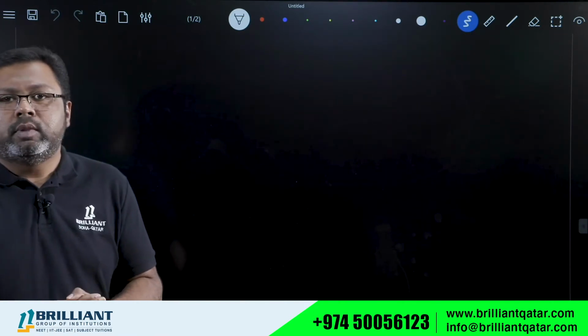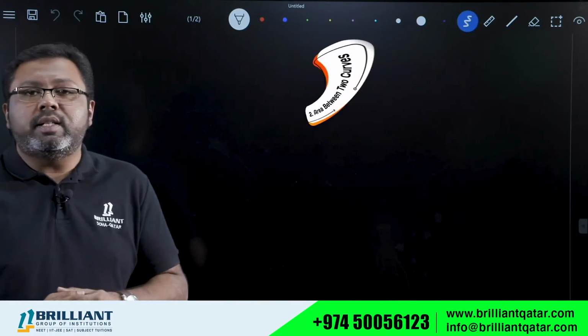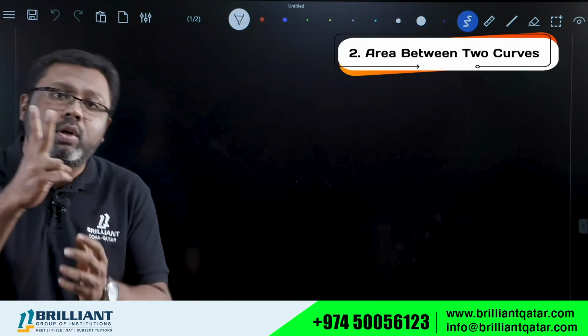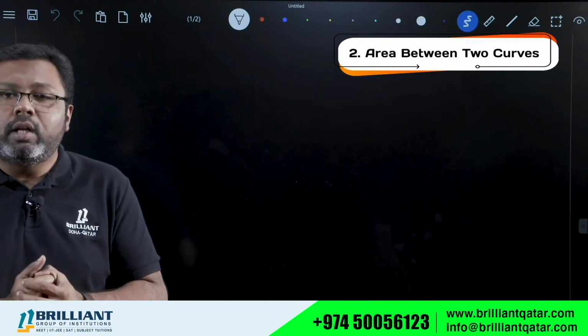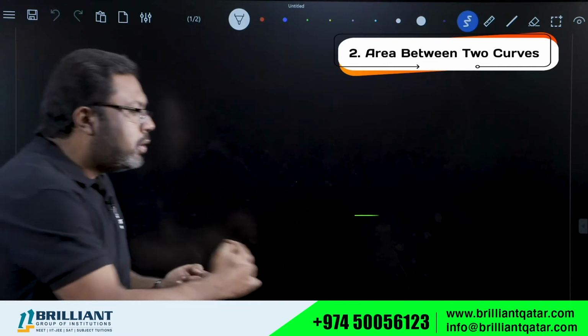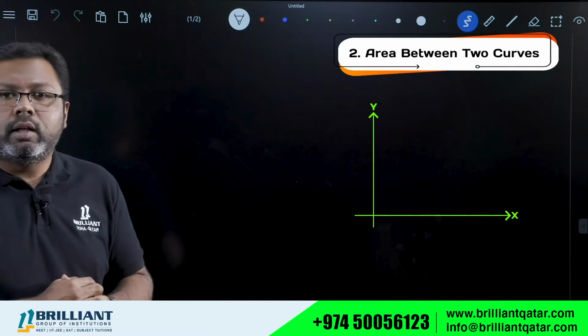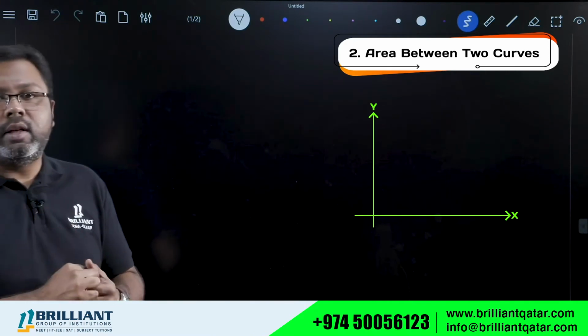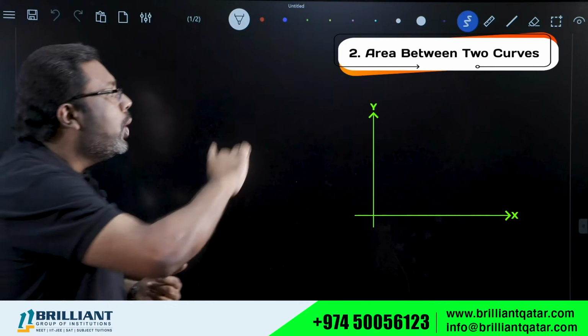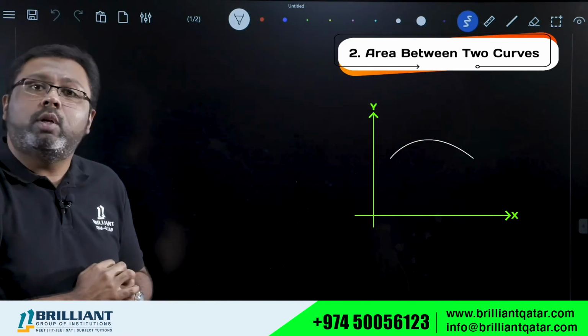The next concept is again a very simple concept. We're going to discuss the area between two curves. Again, let's take the two axes, the x-axis and the y-axis, and you can see two curves here. The first one is y1, and y1 is equal to f of x.